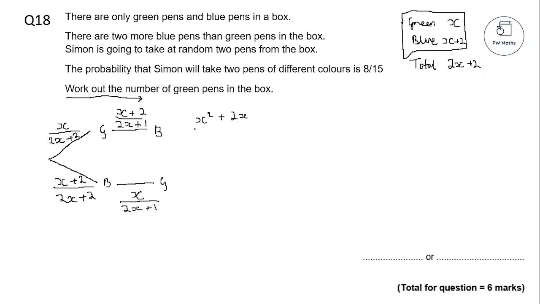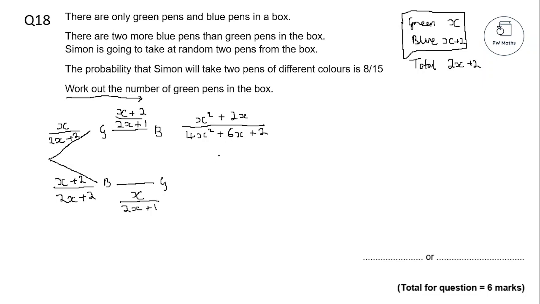To be safe in my final GCSE exam, I would grid this on the bottom. I'm just going to quickly do it in my head. 2x times 2x is 4x squared. 2x times 1 is 2x plus the 4x gives me plus 6x. And 2 times the 1 is plus 2.